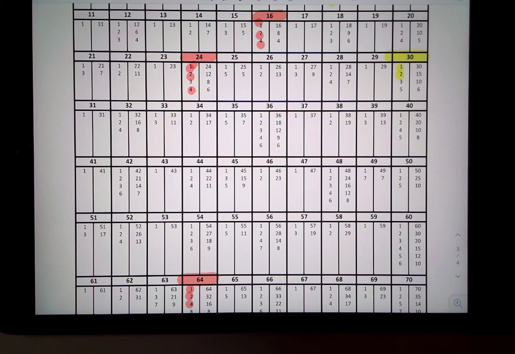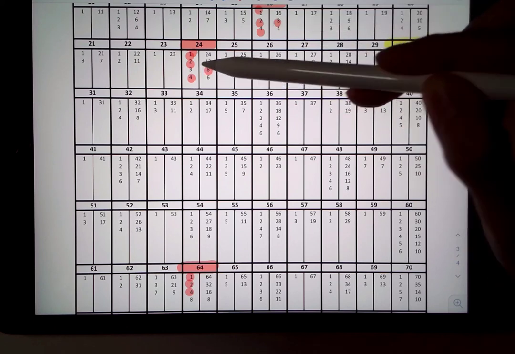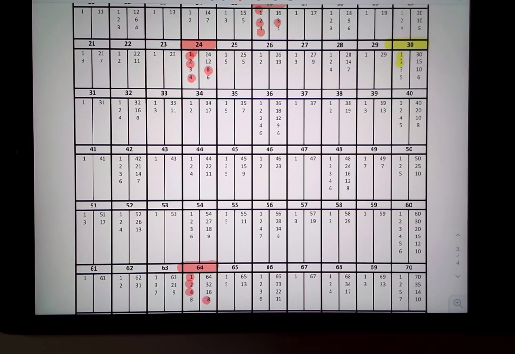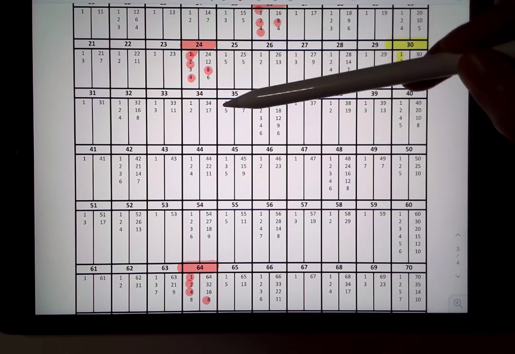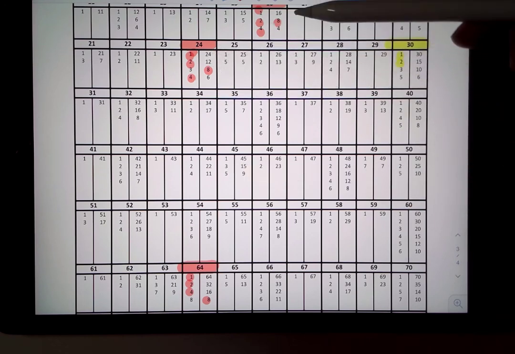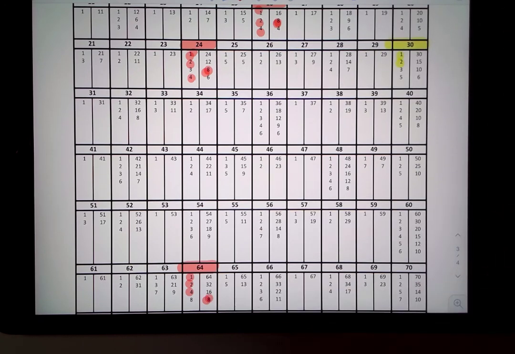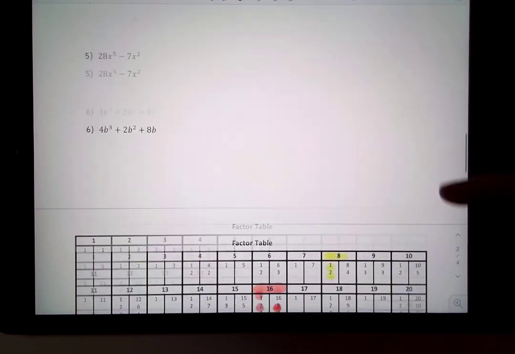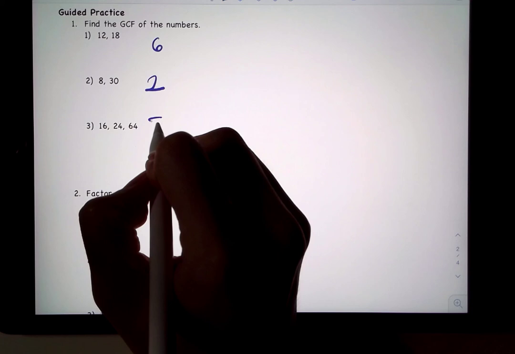And let's see, do you have 8? Yes, all numbers have 8 as a common factor. And what about 16? 64 has 16, but 24 does not have 16, right? So the greatest common factor will be 8. That's the biggest number in common. So you answer this one, 8.